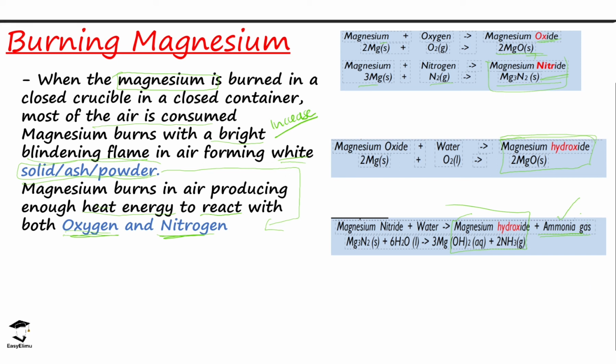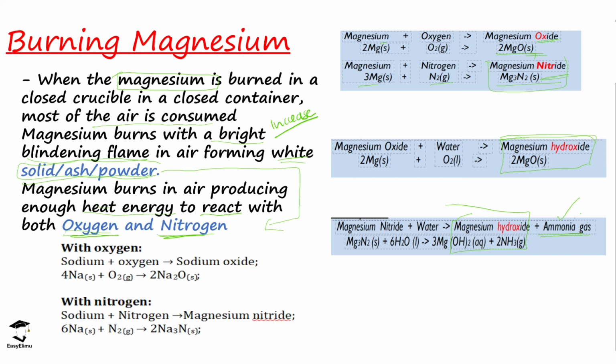The same reaction occurs when we react sodium in oxygen. If you lower a deflagrating spoon in a gas jar, sodium burns with a yellow flame to form sodium oxide and sodium nitride, which is also a combination.